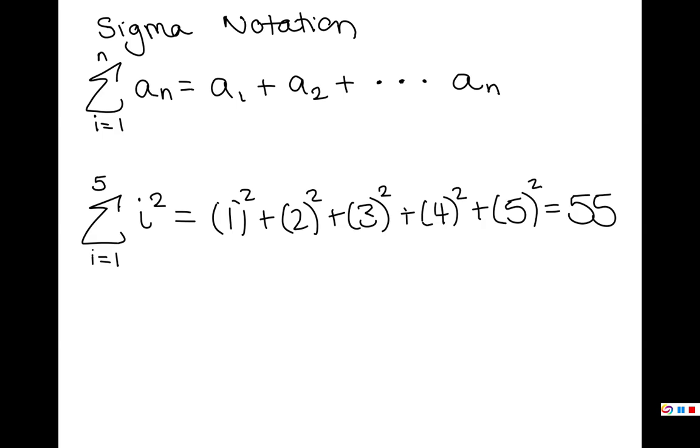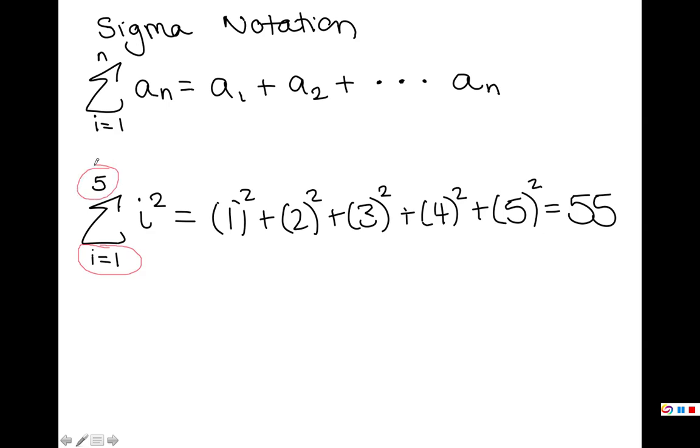It might be a little bit easier to understand what this notation is telling us. In my example, I've got sigma, and at the bottom you can see i equals 1, and at the top 5.